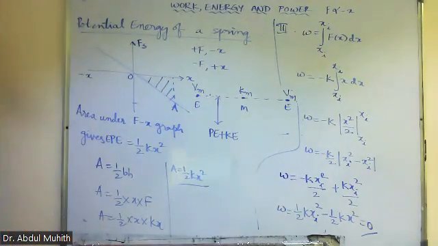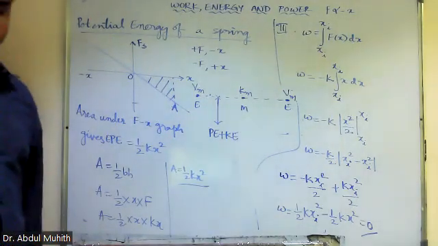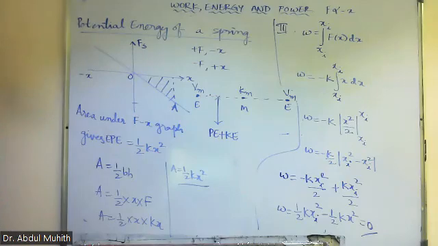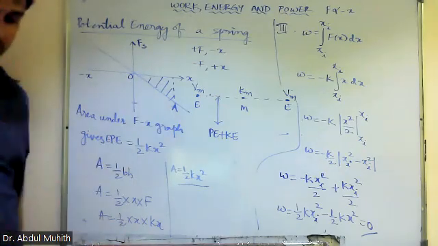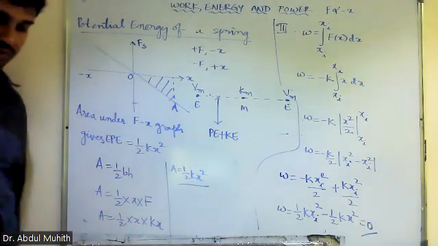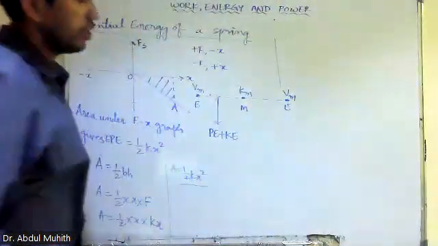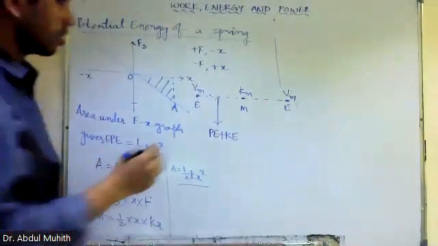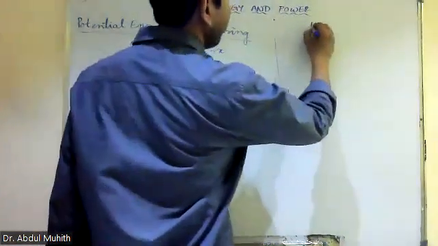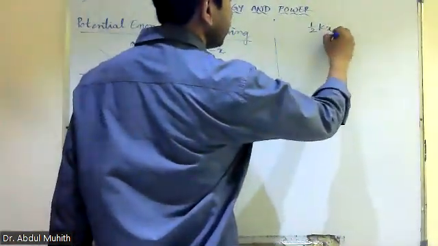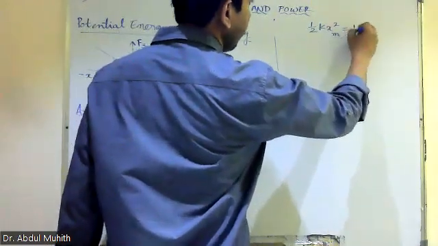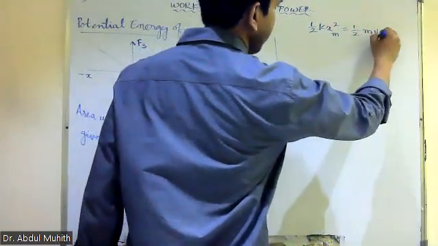So I want to find out the velocity of the spring mass system. At the extreme, I have half k xm square equal to half m vm square.